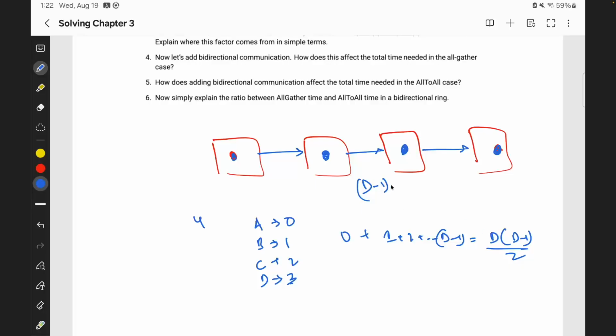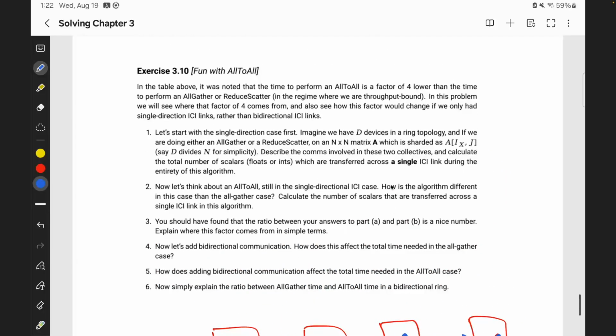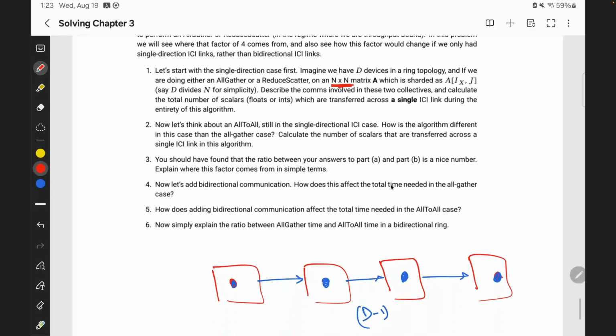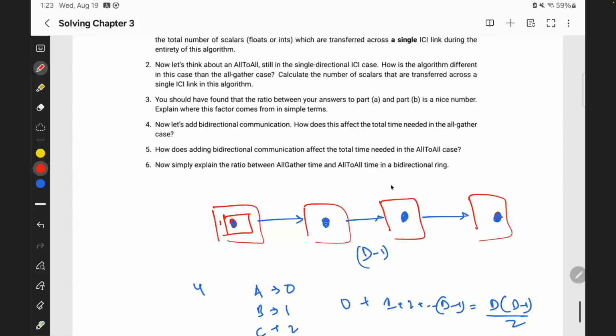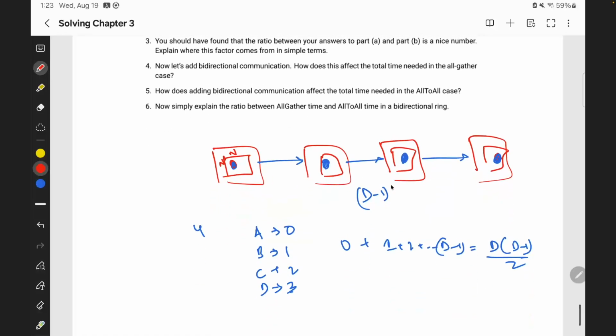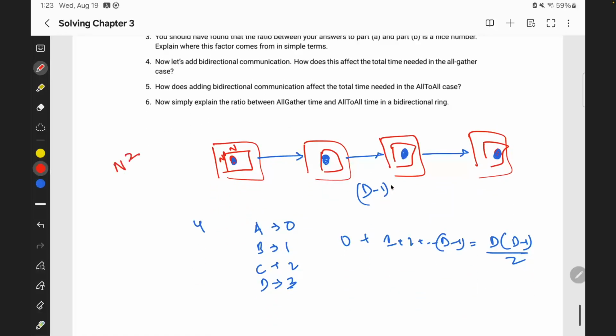And here the question is, you have a matrix of n cross n, so each one has a matrix n cross n, and you are transferring data in all of this. So each one would have a shape of n square. Each of these devices would have n square, n square, n square, n square, and you are transferring that data across d minus 1 hops.